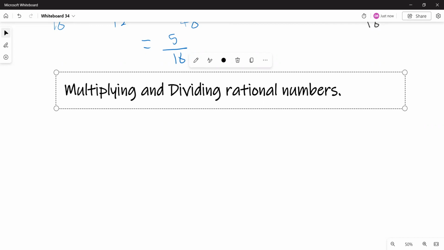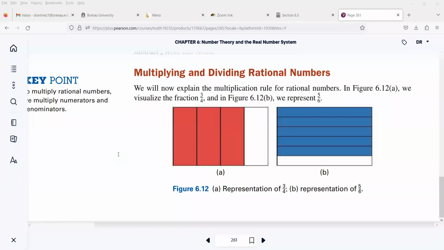And actually they illustrate it with this figure. Let's say you want to multiply 3/4 by 5/6. So we can divide a rectangle into 4 equal parts and into 6 equal parts.